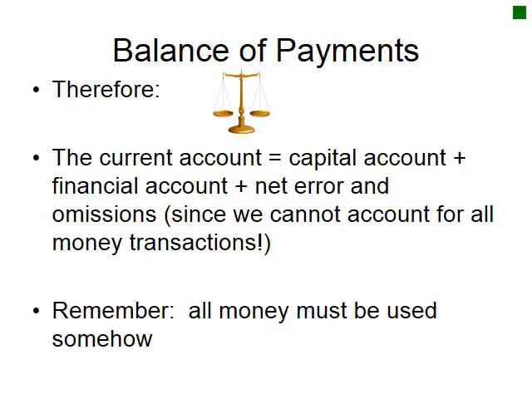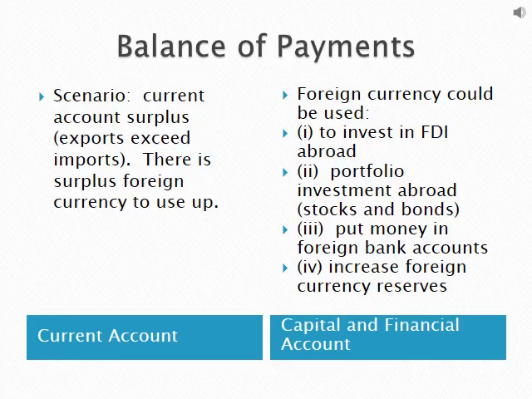So the money, once again, that they were left with after trade, the current account, was then spent on US assets or held as US currency in their foreign currency reserves. So the balance of payments on the current account has a surplus, so exports exceed imports. There's surplus foreign currency to use up.